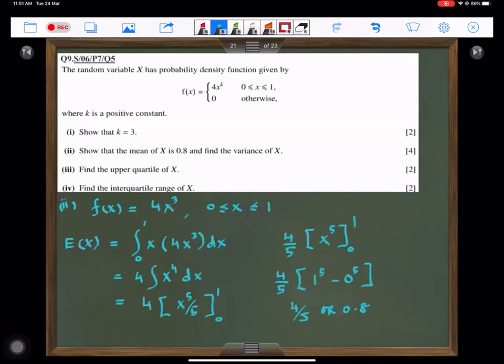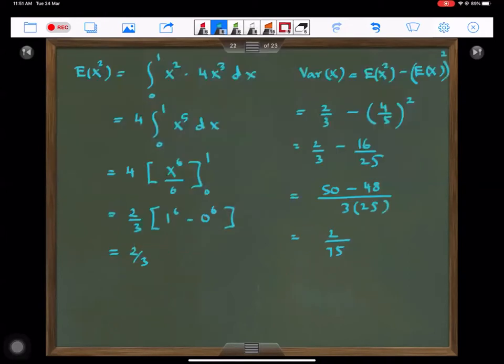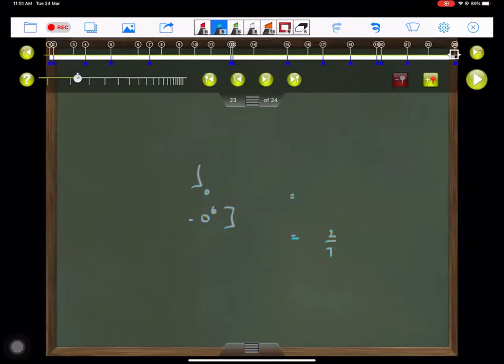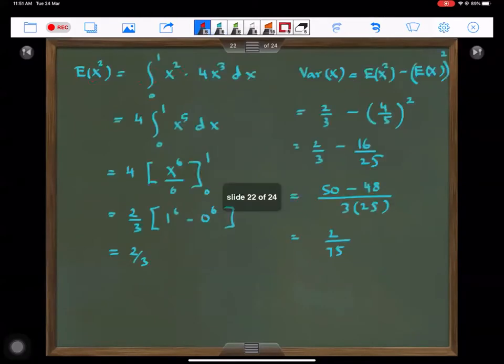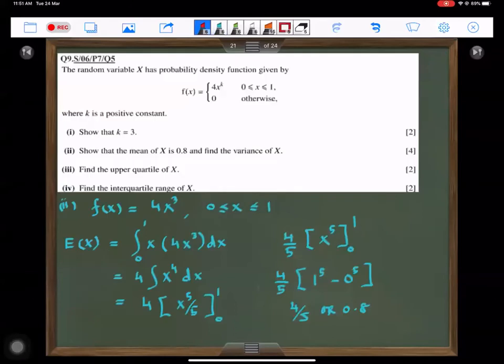Then it's asking for the upper quartile and the interquartile range. Okay. So now, let's find the upper quartile and the lower quartile one by one. Probability x less than q1 is 0.25. Therefore, what is the function? The function is 4x cubed, correct?